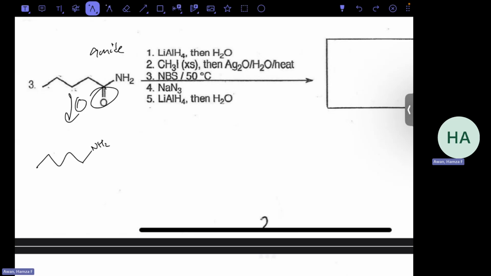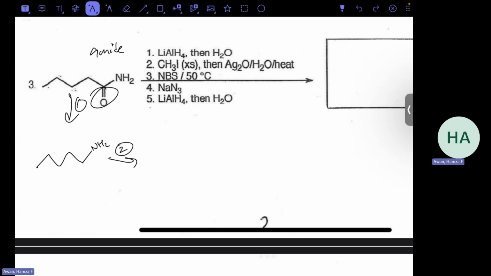Now CH3I in excess and then Ag2O, H2O in heat. This is a kind of weird reaction, but to put it simply, it creates a terminal alkene. The mechanism attaches 3 CH3s onto the nitrogen, if you were curious.